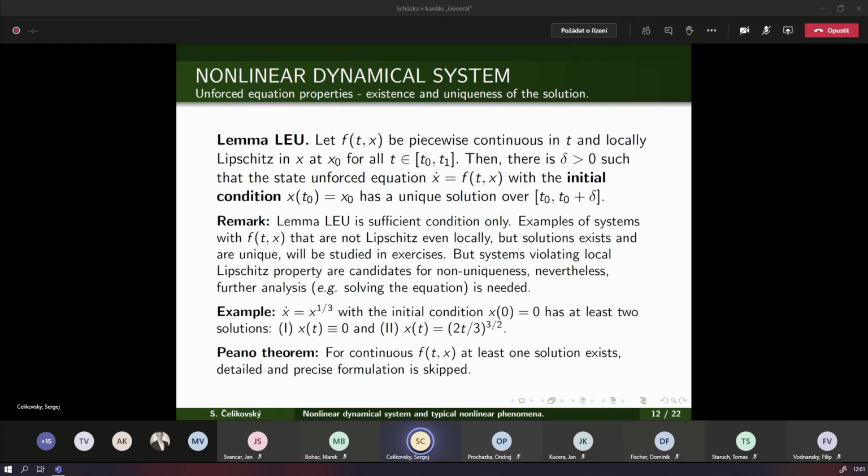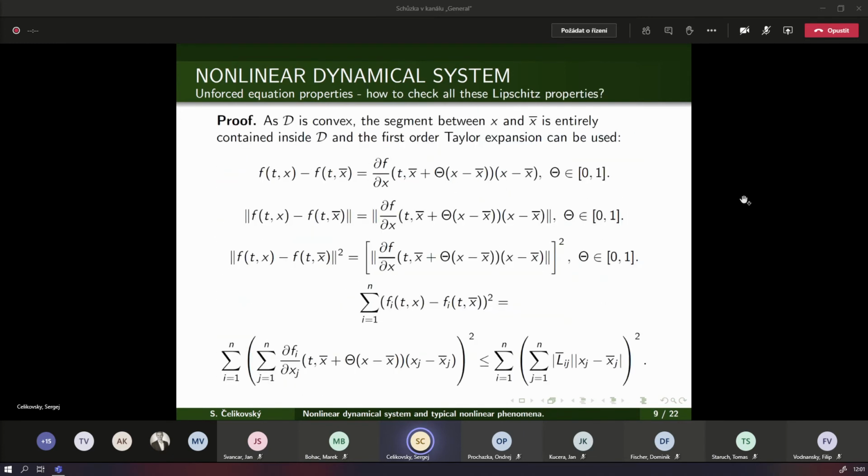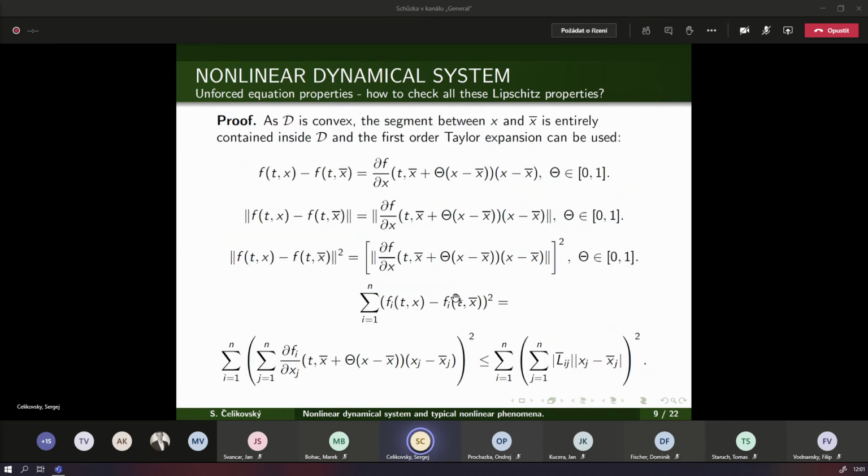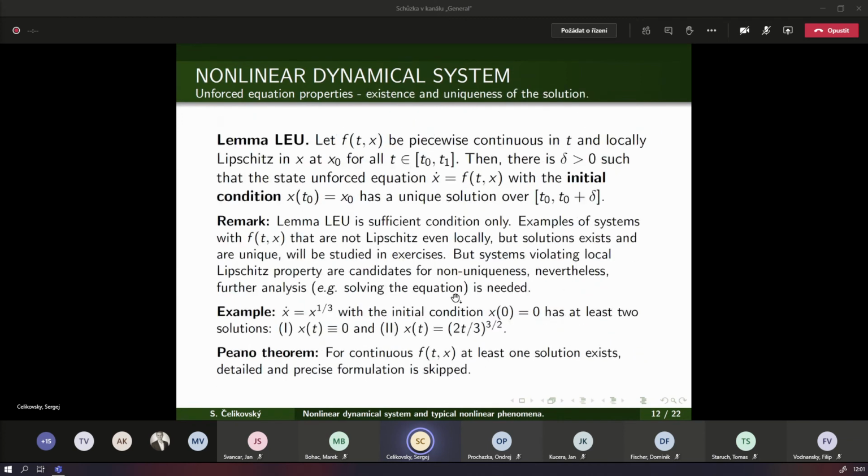So you definitely cannot use this lemma, because you are interested in the solution exactly at x equal to 0, where the derivative doesn't exist.